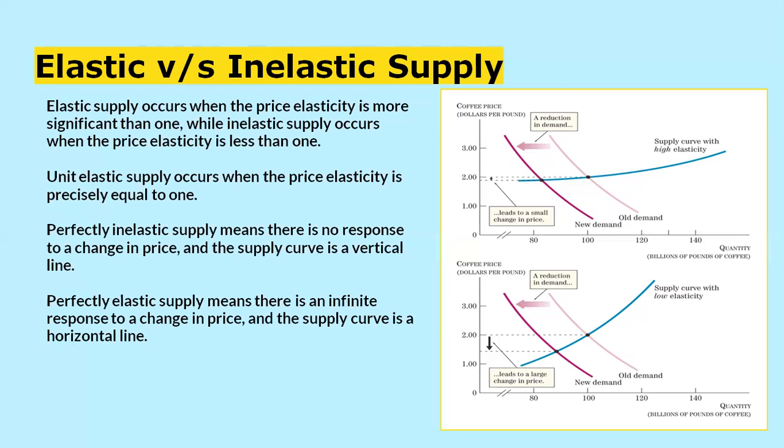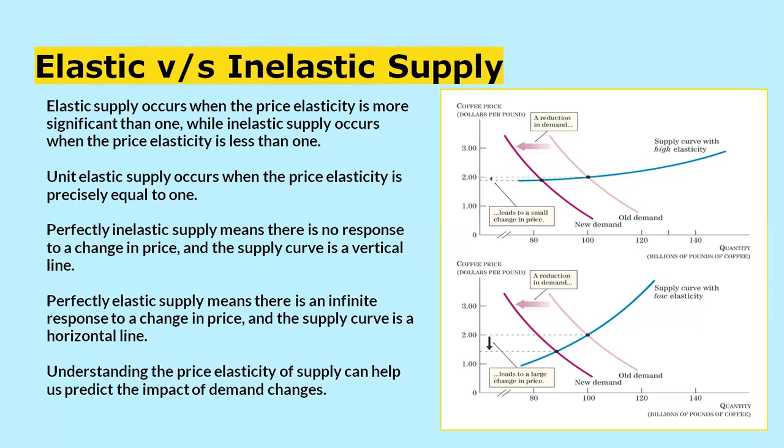Perfectly elastic supply means there is an infinite response to a change in price and the supply curve is a horizontal line. Understanding the price elasticity of supply can help us predict the impact of demand changes.